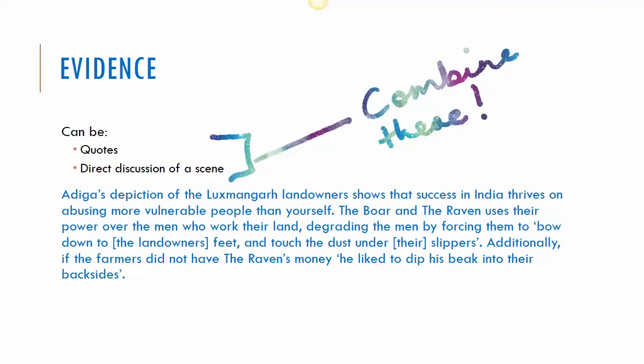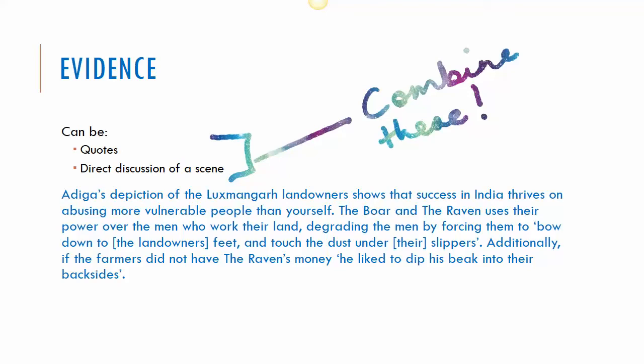Okay, now we move on to evidence. The great thing about White Tiger is that there is loads of evidence because it's a really rich story. So I don't think you'll struggle too much to be able to find evidence that can prove your points, as long as you're arguing something that's reasonable. Your evidence can come in two forms.